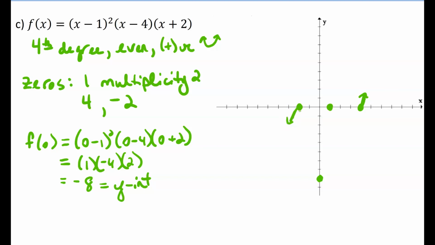We don't need to do sign analysis in that first section because our y-intercept was there. However, did we already know we would have a negative y-intercept? Because of the multiplicity, okay?